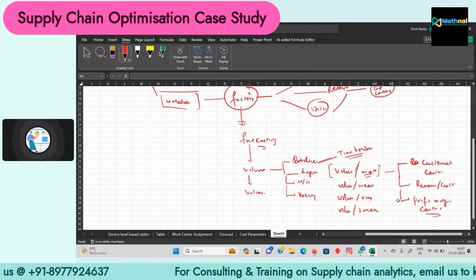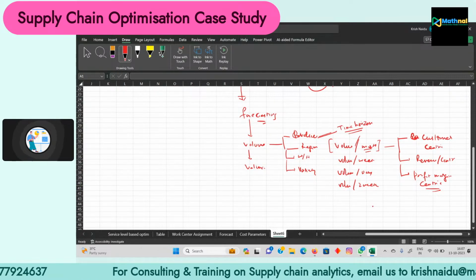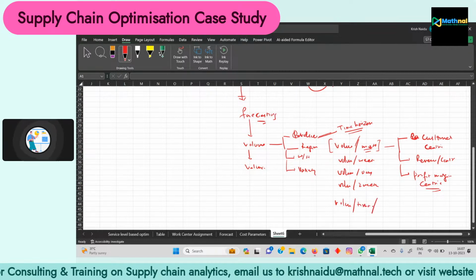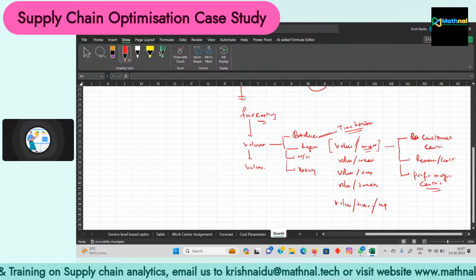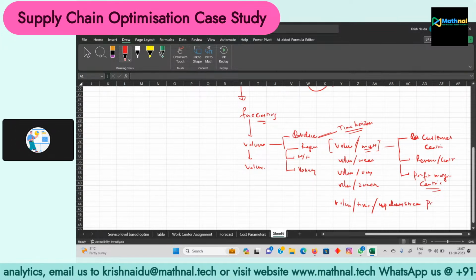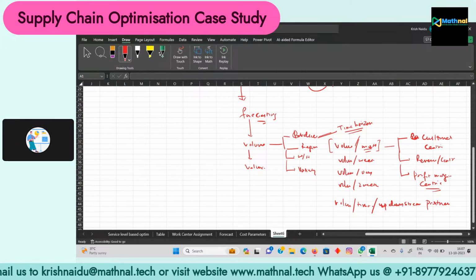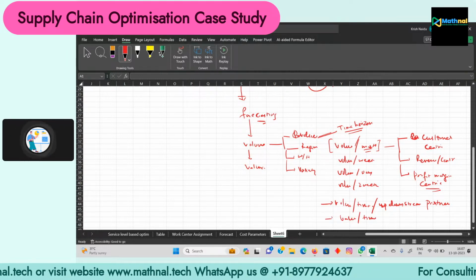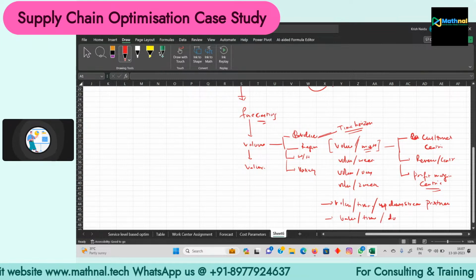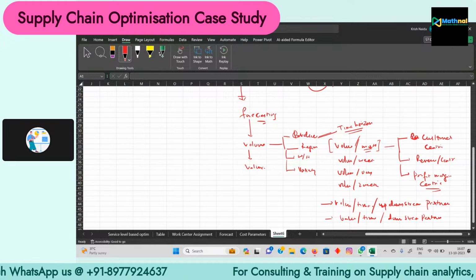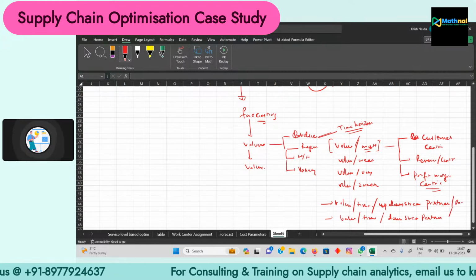So if I have to distribute it further, it is volume per time per downstream partner, or the value per unit time horizon by downstream partner, by product.